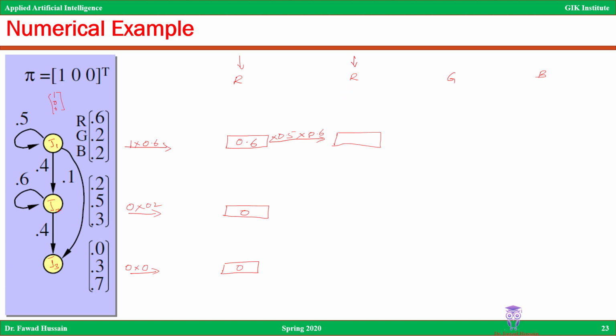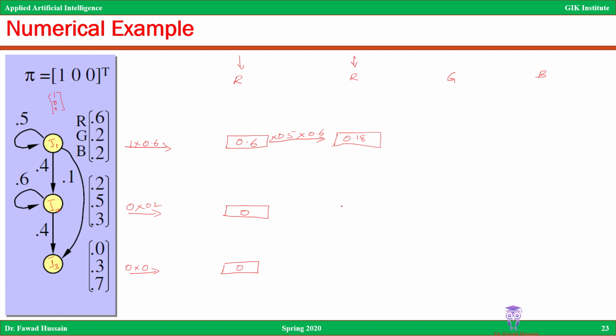Since the other term is 0, otherwise we would have made a link over here and summed all of them, but anything multiplied by 0 is going to be 0, so I'm not going to count the contributions coming from this box towards this one. So I'm going to leave it as 0.18. That's the probability of selecting the second red ball in the first jar.